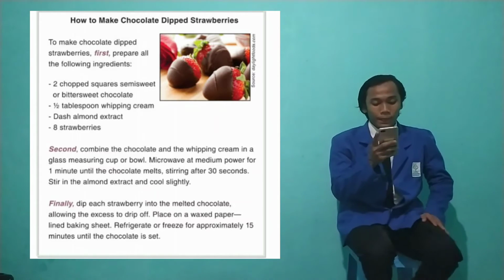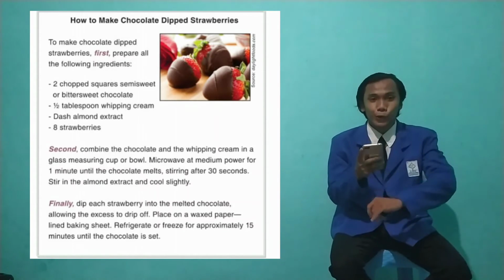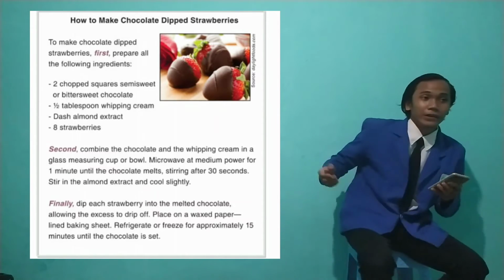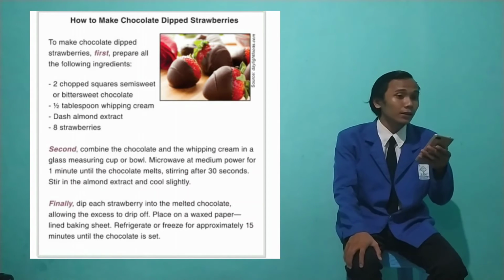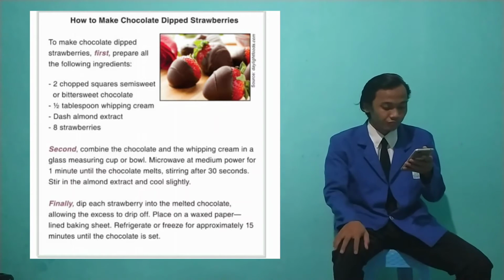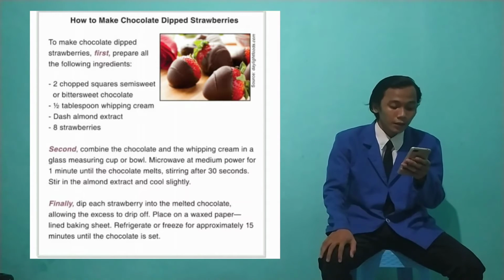You're right. The goal is how to make chocolate dipped strawberries. Fadil, because this is a recipe, can you mention what the ingredients are? Chopped squares of semi-sweet or bittersweet chocolate, half tablespoon whipping cream, dash of almond extract, and 8 strawberries.